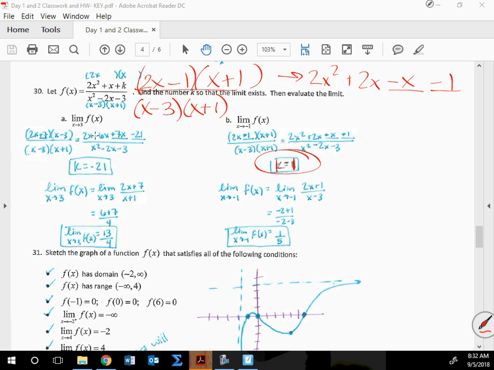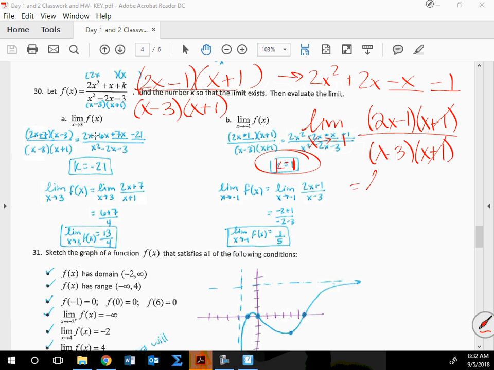Okay, so we have then, this is going to be 2x minus 1 times x plus 1 over x minus 3, x plus 1. Okay, so k being -1, we want to take the limit as x approaches -1. Again, like we said, these reduce, so then we have the limit as x approaches -1 of 2x minus 1 over x minus 3.